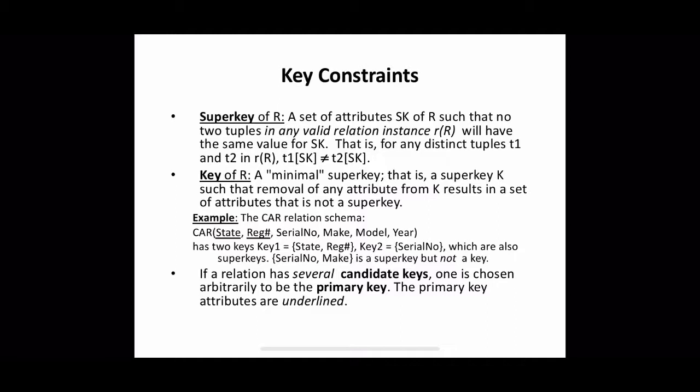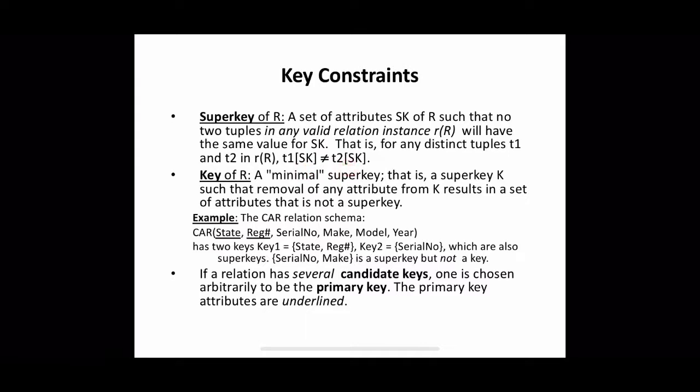That makes some of the attributes or some combination of attributes make them unique. So let us take this subset of attributes which is unique for every tuple. That subset can be called a super key. So if we take two different tuples t1 and t2, t1 and t2 will never have the same value or same combination of values for the super key attributes.